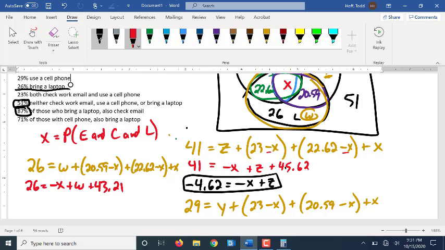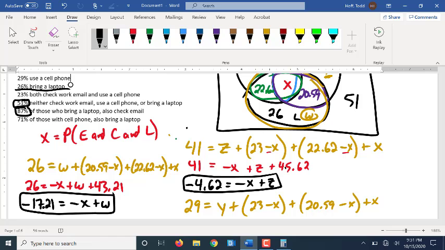If I subtract that 43.21 from both sides, I get a negative 17.21 equals negative X plus W. Write that out a little bit bigger. So there's my third equation.